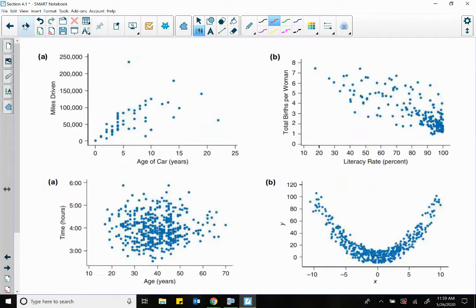Okay? Got some examples here. So on here, tell me which ones are increasing, which ones are decreasing, and which ones have no trend. And go.